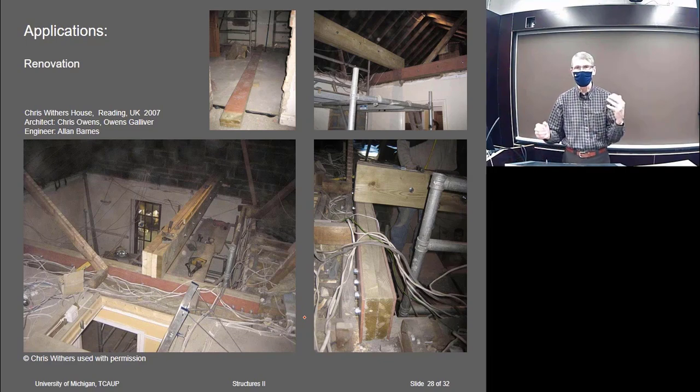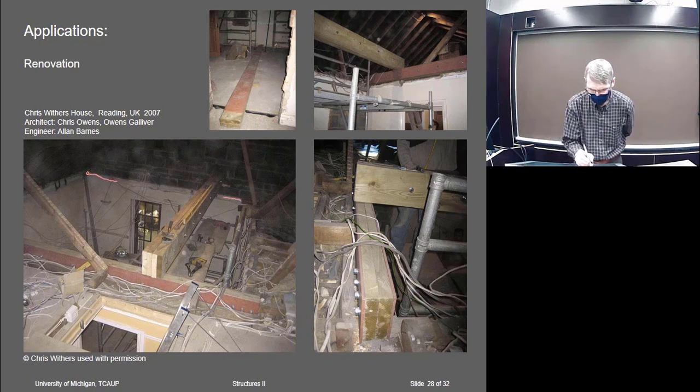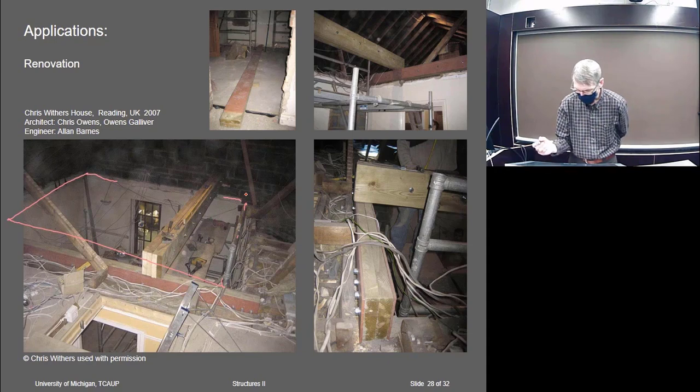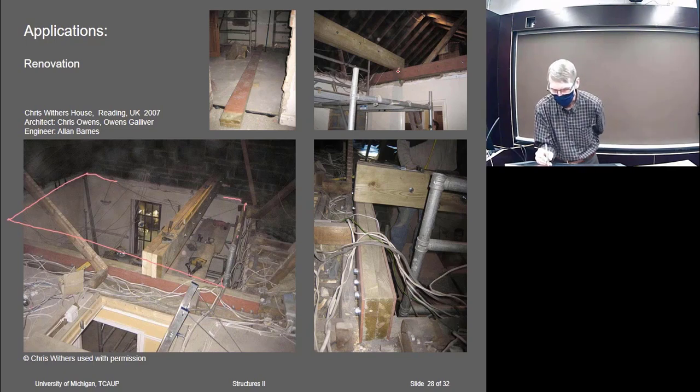They couldn't even get a large beam brought into the house because there just wasn't room. There was a floor here, and I think they took that floor out, or they were building a mezzanine. That's what it was.